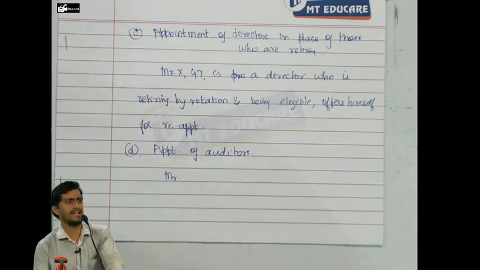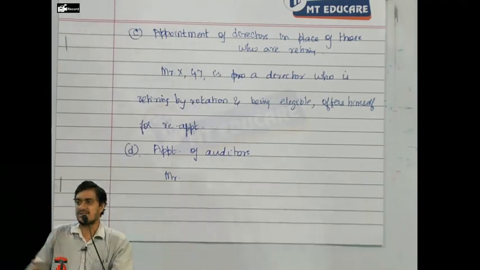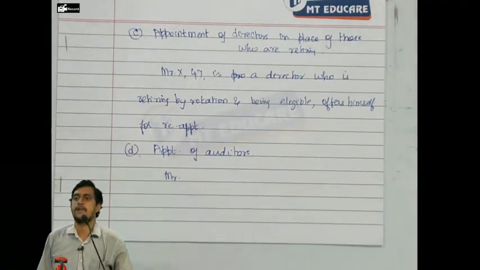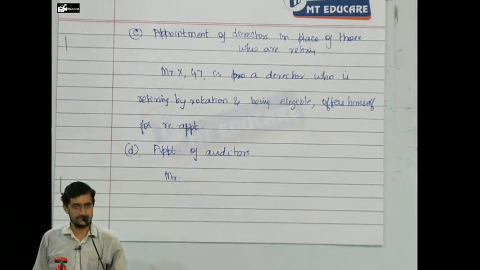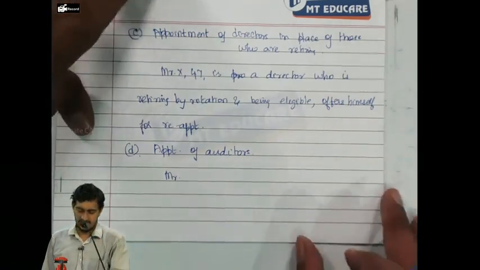Are you able to at least recollect what we discussed previously? So this must also be mentioned in the notice. And you can also add one more piece of information: the proxy form must be deposited at least 48 hours before the time fixed for the meeting. So all this information you can add.